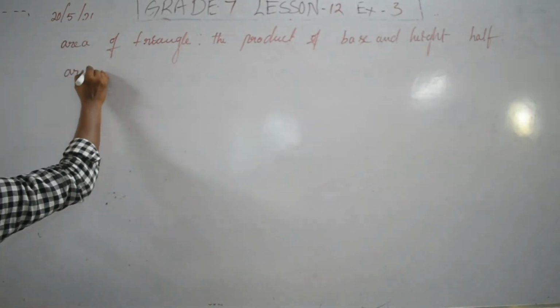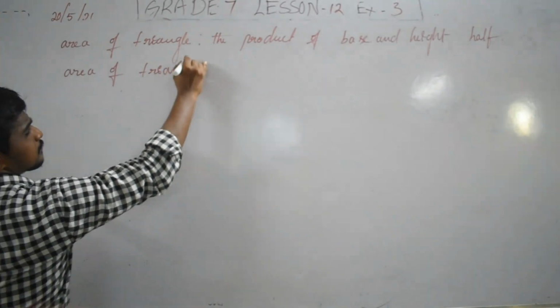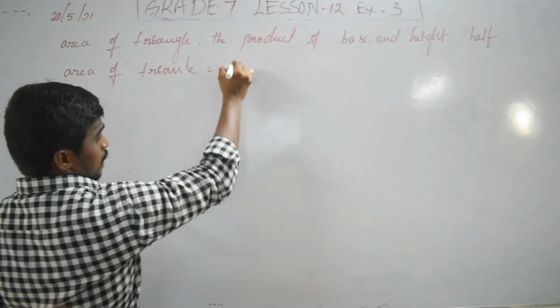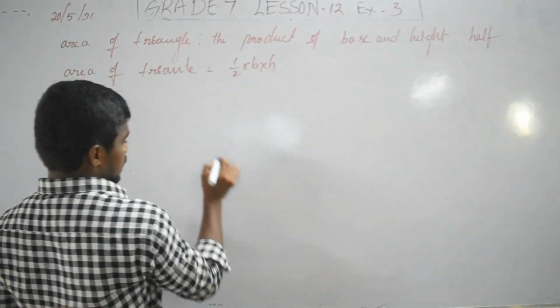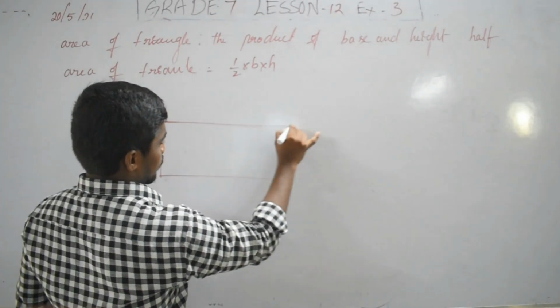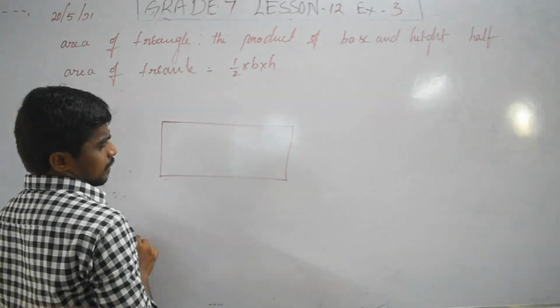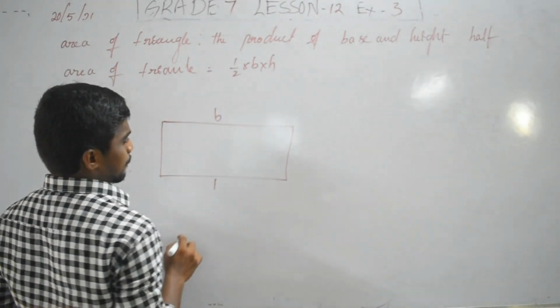So the formula: area of triangle equals half cross base cross height. Here, see, this is called the length, this is the breadth.